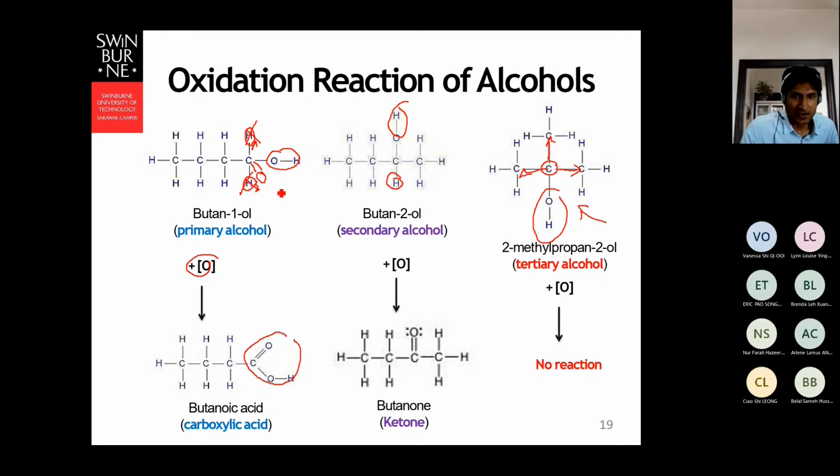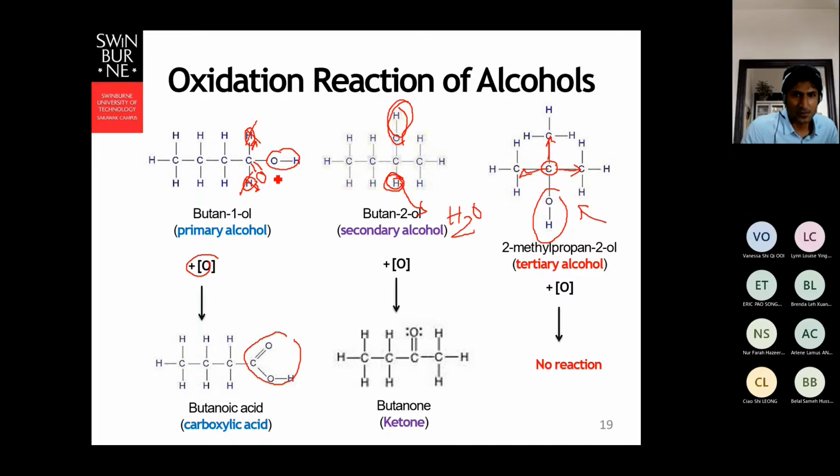For secondary alcohol, since there is only one hydrogen to replace, this one hydrogen is removed, but hydrogen cannot stay alone as it is. So this hydrogen will bond with this hydroxyl, and they will produce H2O, water.